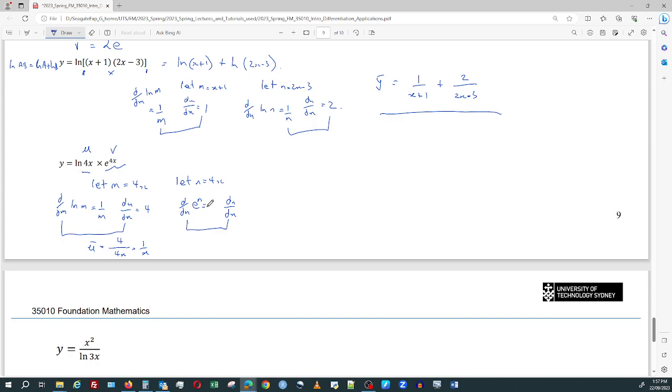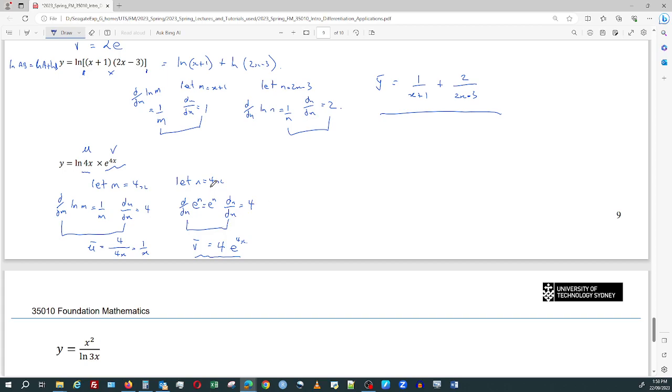The d/dn of e to the n, that's the one we love. It's just itself. This one is 4. So putting them together, we get v dash is equal to 4e to the 4x. There are patterns, but nevertheless.